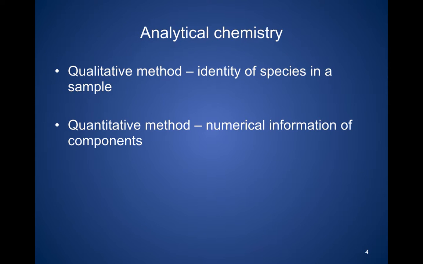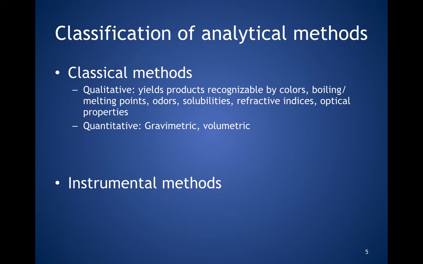So we have a qualitative method, where we're interested in determining the identity of the species in a sample. Species refers to, for example, a compound or analyte. Or a quantitative method, where we want to know how much of the species is present in a sample. So quality and quantity.